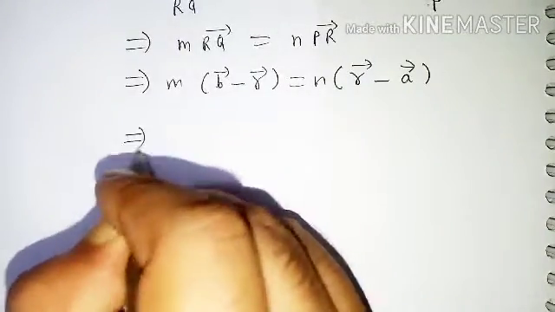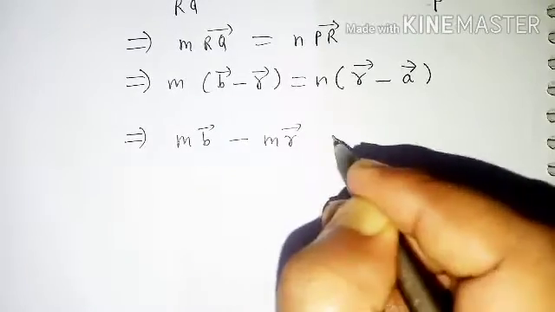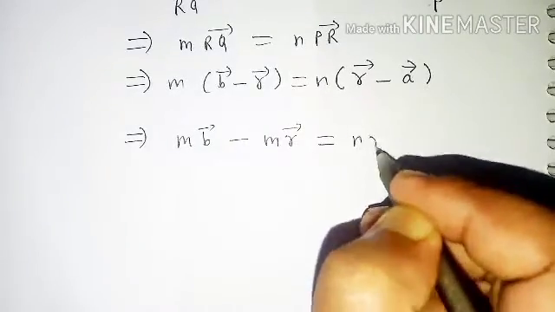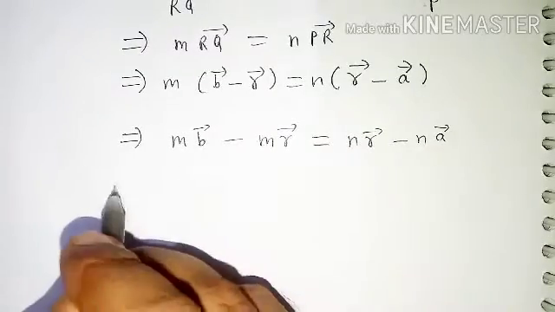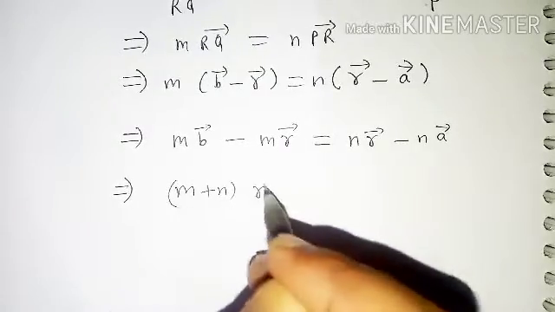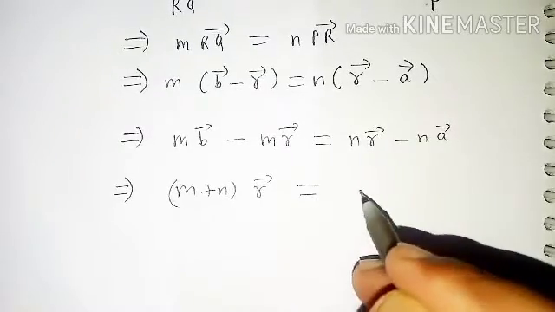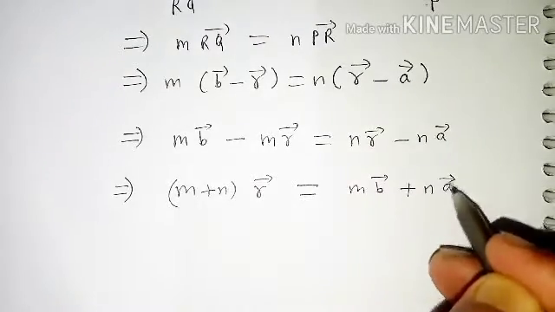We have m vector b minus m vector r is equal to n vector r minus n vector a. This implies that m plus n into vector r is equal to m vector b plus n vector a.